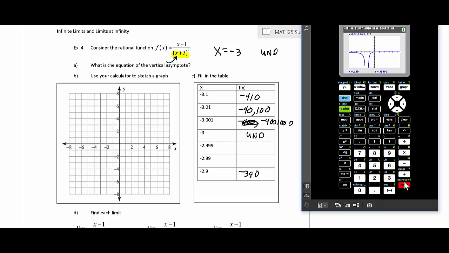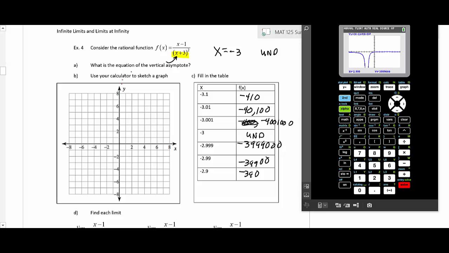All right, that's going to be negative 39,900, and then one more time. Okay, so that's negative 3,999,000, like that. So you guys get the point, right? Hopefully, because we're not going to do this after this example. I just want to show you what's going on.